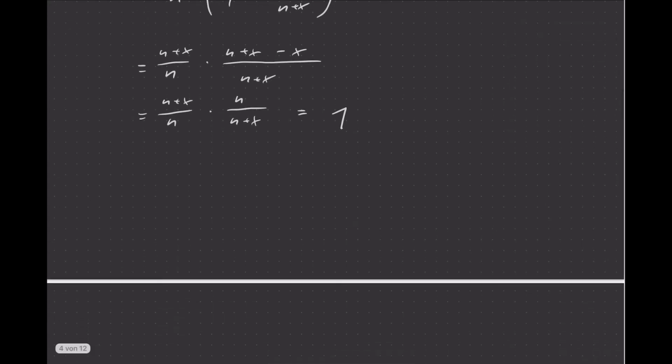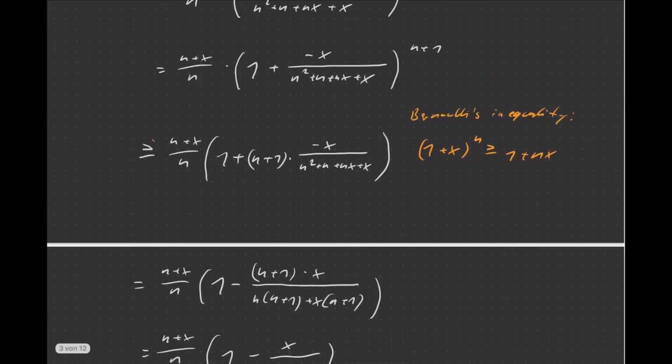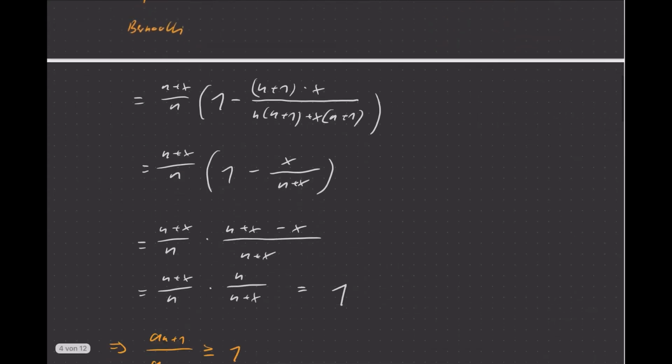So effectively what we have shown here is a_{n+1} over a_n is greater or equal to, with a lot of steps in between, but in the end we got a 1 here. And we need greater or equal to because at one point here, remember we've used Bernoulli's inequality to derive this greater or equal to here.